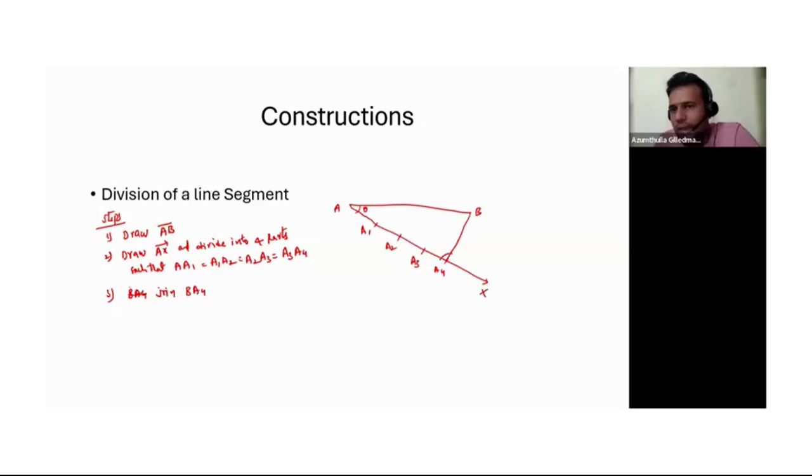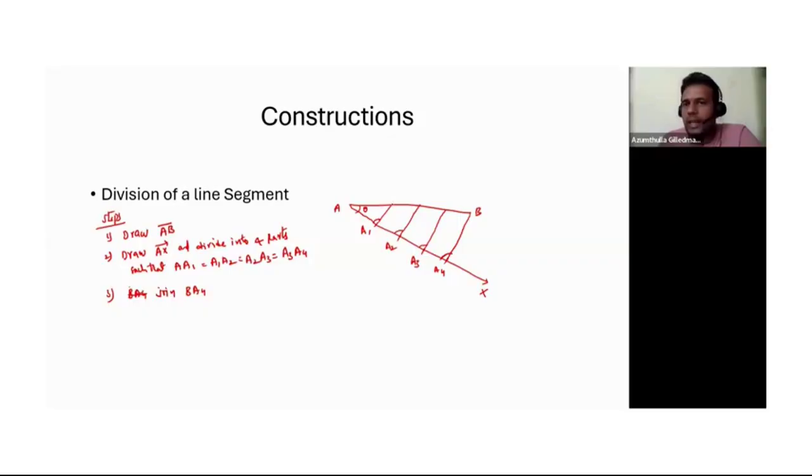Now, whatever the angle that you get here, with the same angle, draw a parallel line that touches this with the same angle. Let's say whatever the angle you get, maybe 80 degrees or whatever. With the same angle, draw a parallel line to BA4 at A3, A2, and A1.